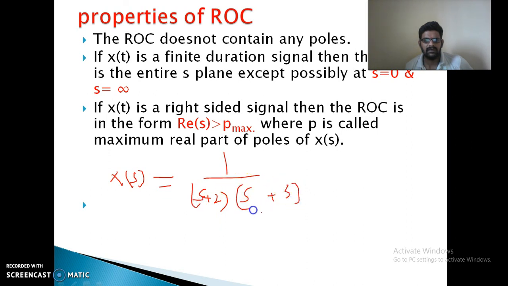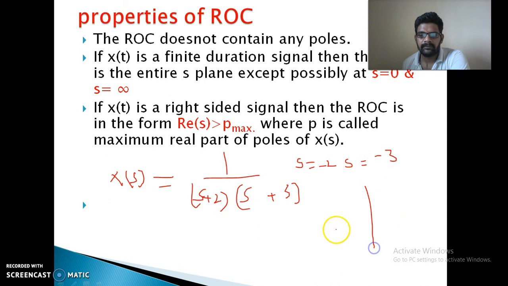This function has poles where the denominator equals 0. From this, s equal to -2 is one pole, and s equal to -3 is another pole.